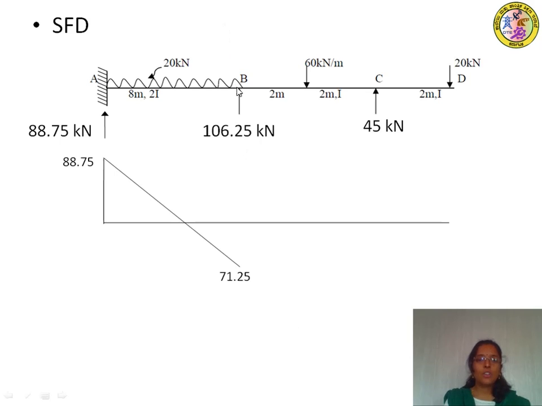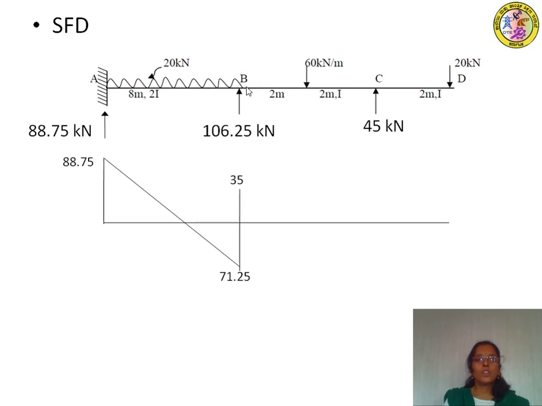And then shear force to the left of B, it is minus 71.25. Next, shear force to the right of B, we have an upward force of 106.25. Therefore, minus 71.25 plus 106.25 will be equal to plus 35. Okay.